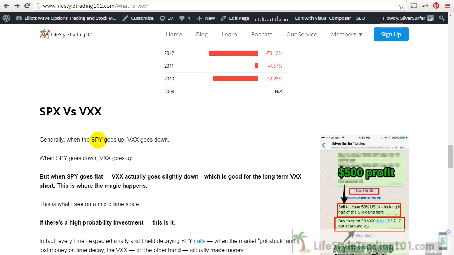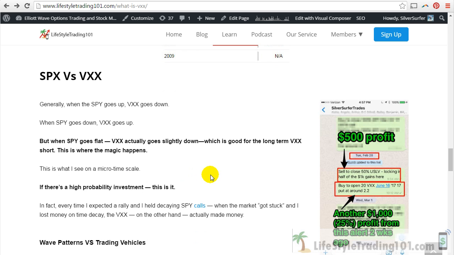So generally speaking, when the SPY goes up, VXX goes down, and when SPY goes down, VXX goes up. There are some cases when the SPY goes flat, and sometimes the VXX actually trends down slightly.